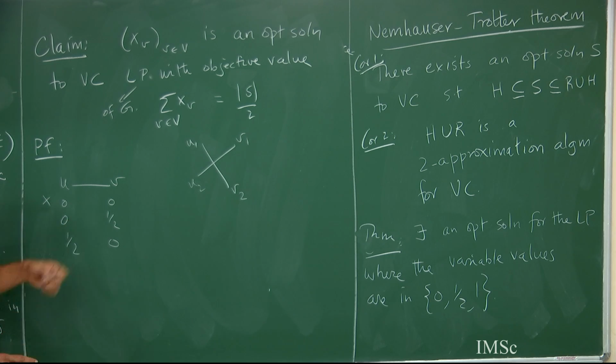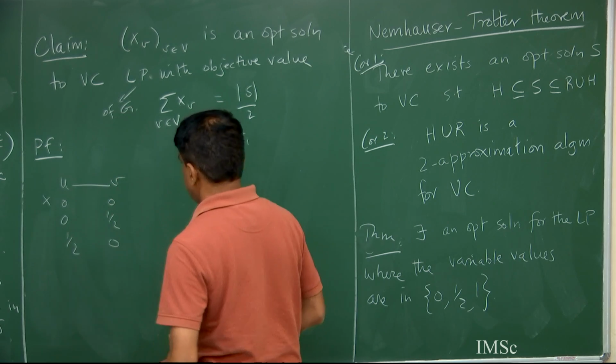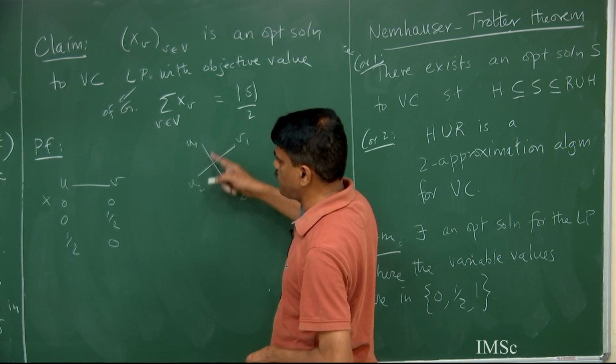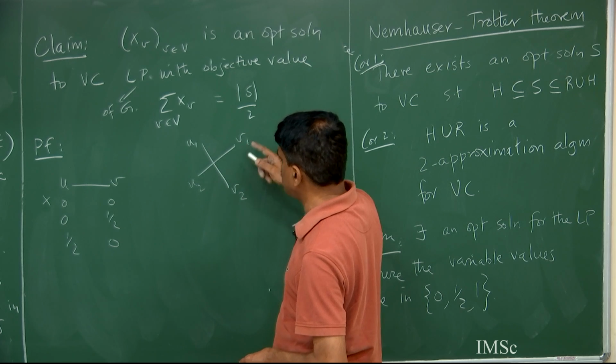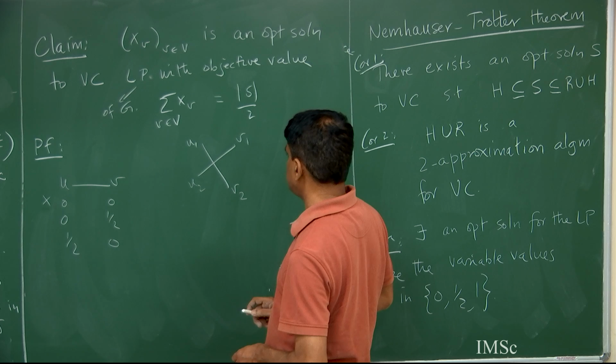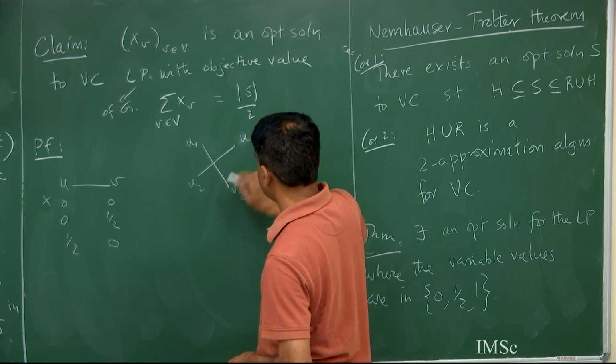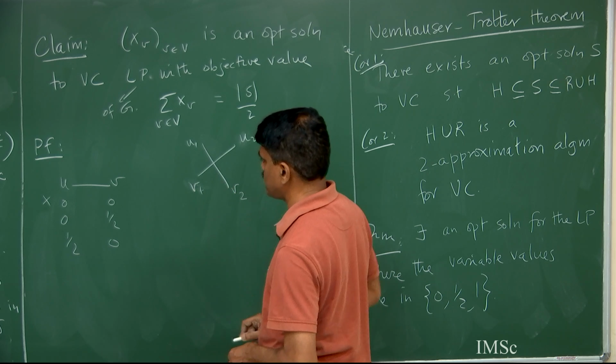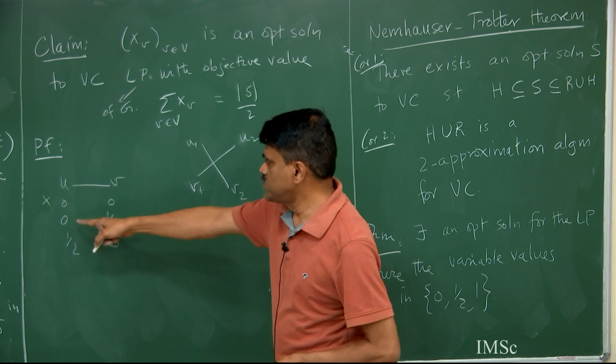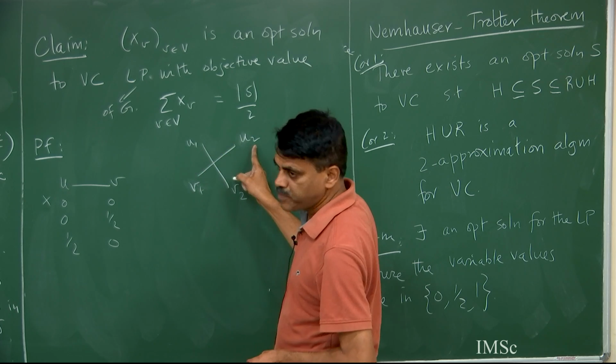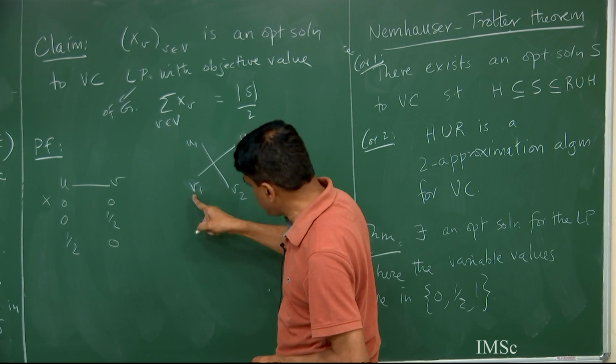What does 0, half mean? So, 0, half means U1 and U2 are not picked.